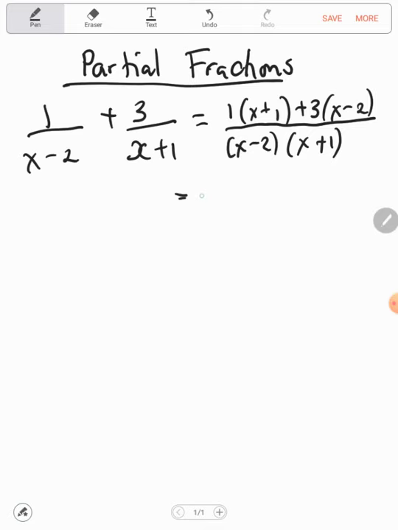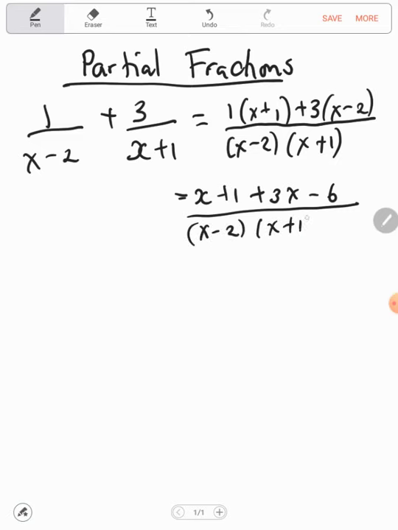When we multiply that and expand, we have x plus 1 plus 3x minus 6 over x minus 2 and x plus 1. We group the like terms. x plus 3x gives us 4x, and 1 minus 6 gives us minus 5 over x minus 2 and x plus 1.